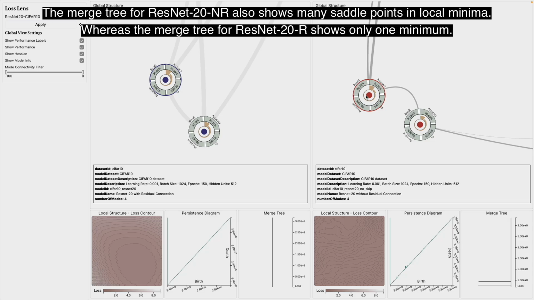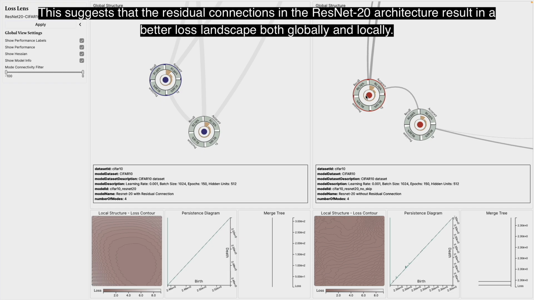The merge tree for ResNet 20 without residual connections also shows many saddle points and local minima, whereas the merge tree for ResNet 20 with residual connections shows only one minimum. This suggests that residual connections in the ResNet 20 architecture result in a better loss landscape both globally and locally.